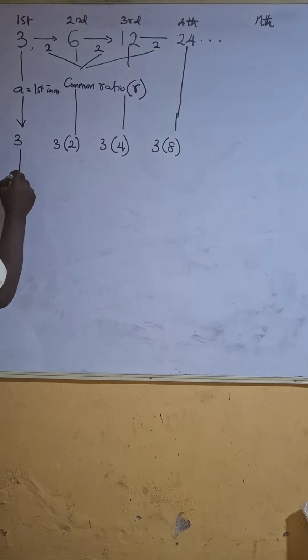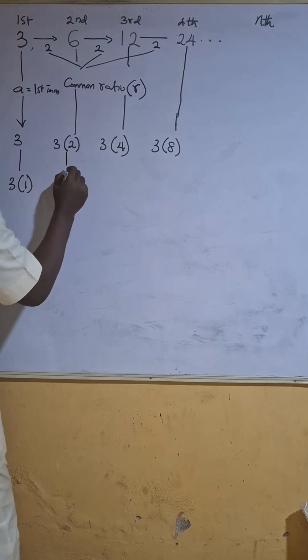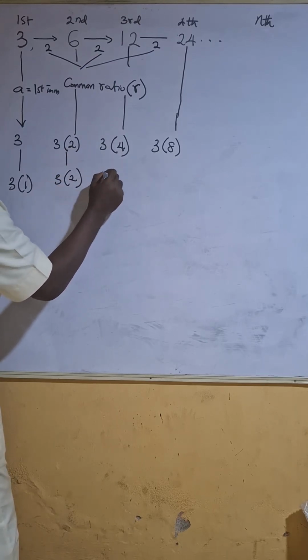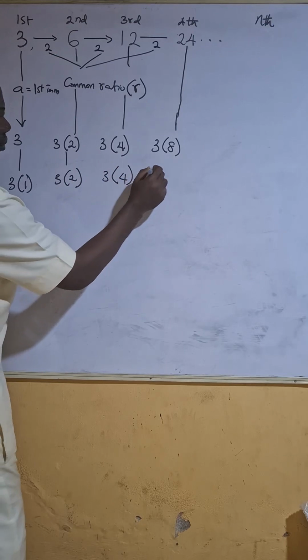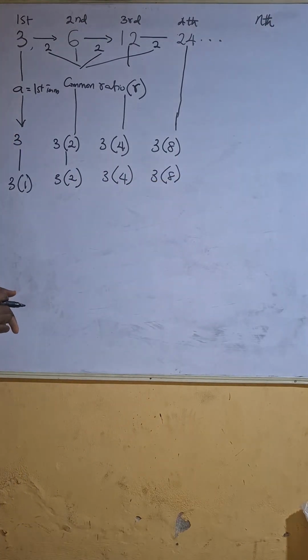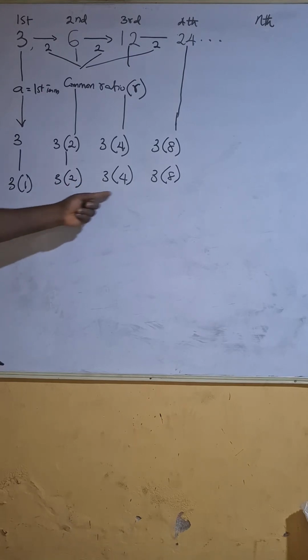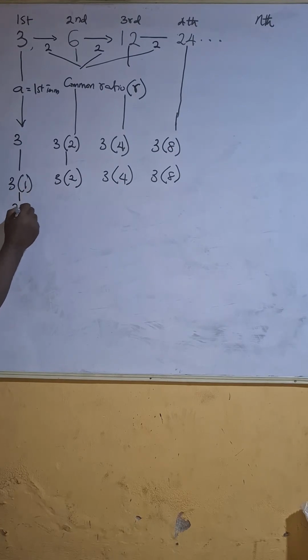This one is 3 into 1, 3 into 2, 3 into 4, 3 into 8. Now, look at this. We want to give an index to each of the ratios. This one means 3 into 2 raised to power 0. We are still writing 1.